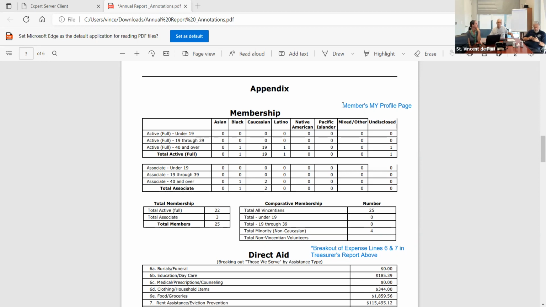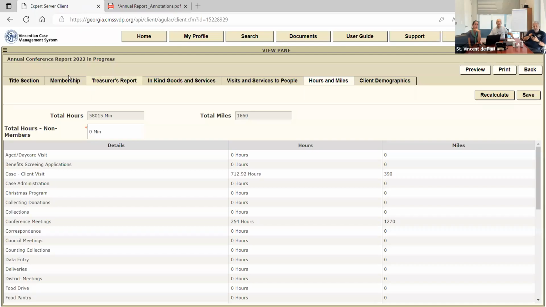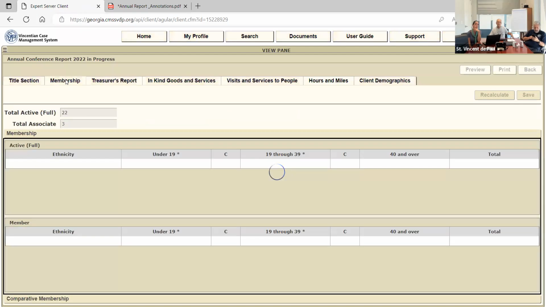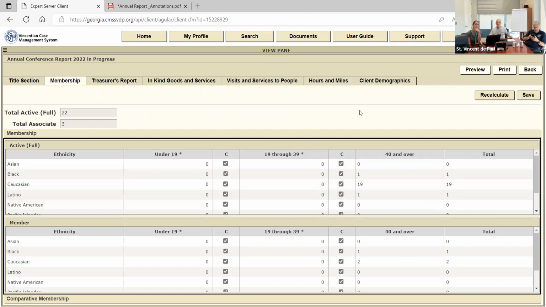It comes from My Profile data. Now, as you know, you can go into the wizard and you can also change that information. And for those of you that missed the annual report training class, the way you do that, the C means it's calculated by CMS.